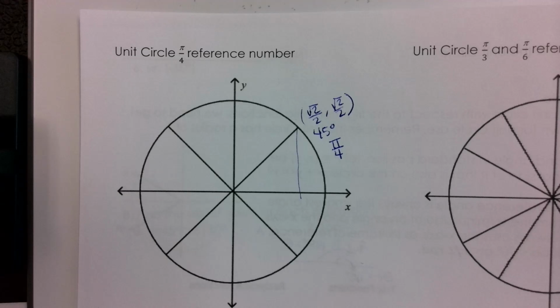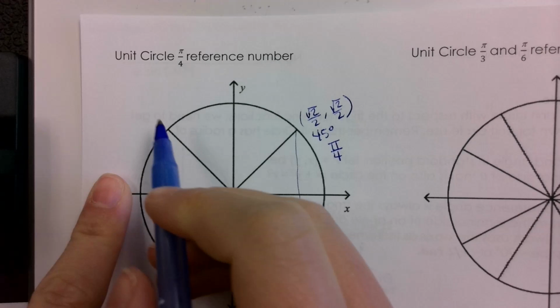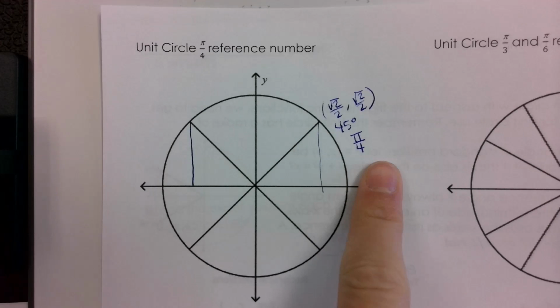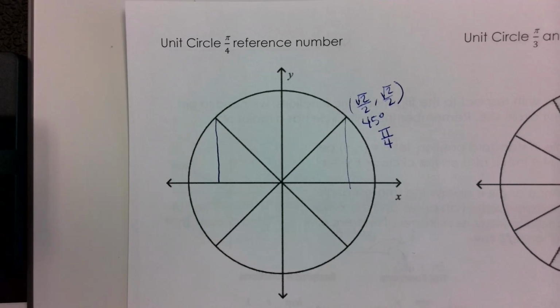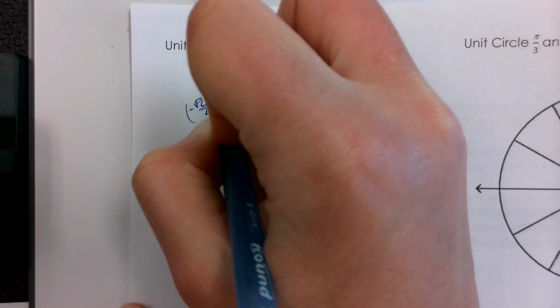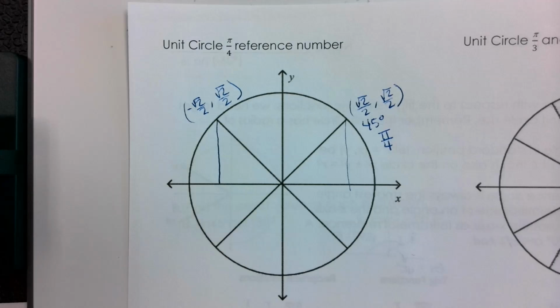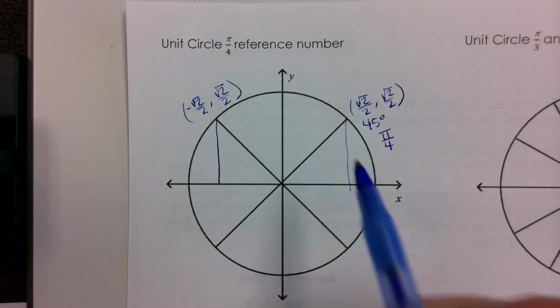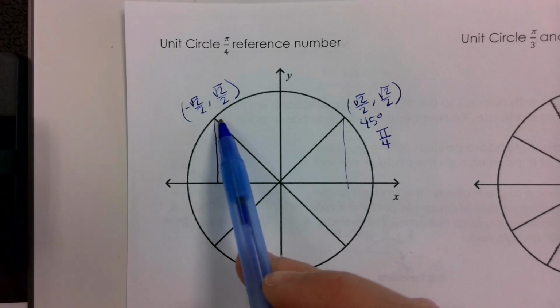When we move that triangle over into quadrant 2, is anything going to change? Just your signs, right? That's it. In the first quadrant, it's positive, positive. In the second quadrant, what is it? Negative, positive. So we're going to have negative square root 2 over 2, and then positive square root 2 over 2. What angle would that be? We know it's 90 plus 45, so 135.